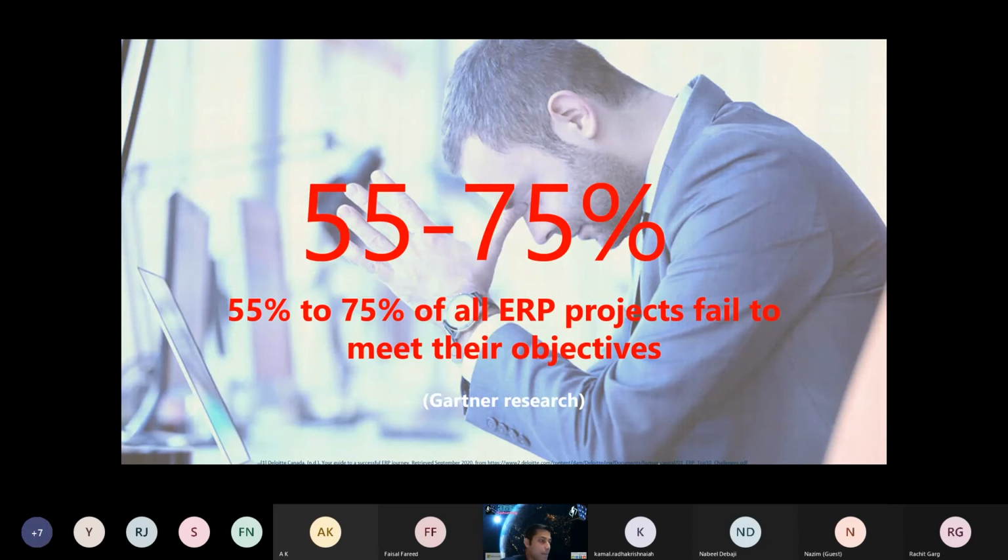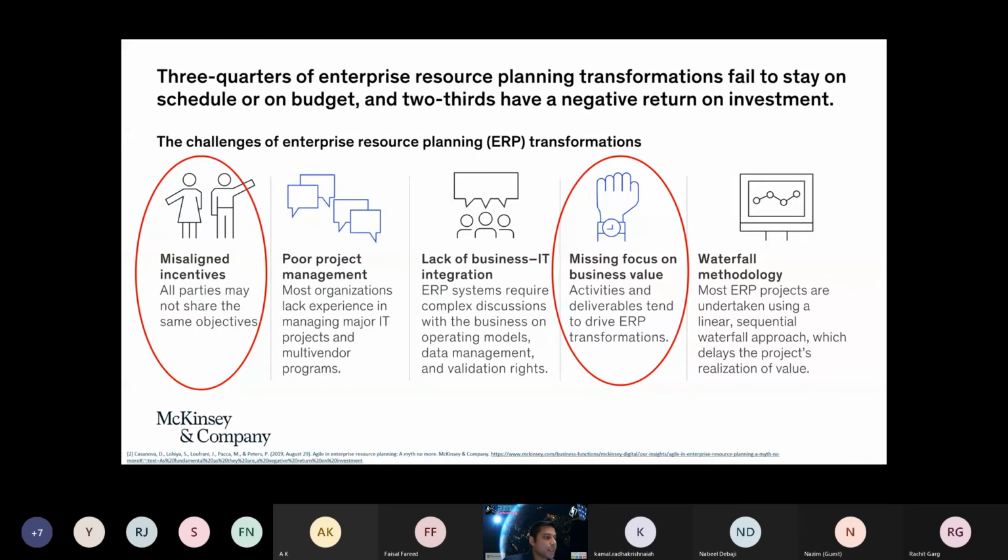Another McKinsey and Company research study, which was recently published, showed that almost 3/4, that is 75%, of ERP transformation projects fail to stay on schedule or remain within budgets. And almost 2/3, almost 66%, have a negative ROI, which means that the returns that you have are actually negative.